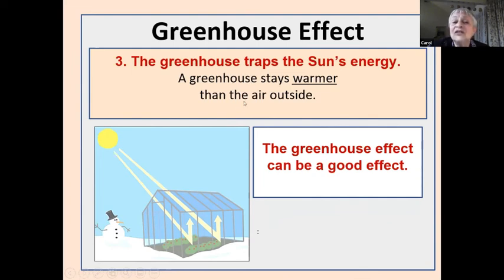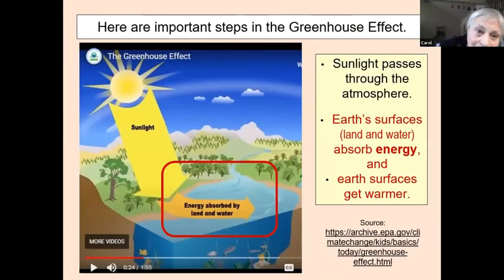The greenhouse stays warmer. You can have plants growing in a greenhouse in January, February, March, when it's still too cold outside for flowers, because the greenhouse traps the sun's energy.